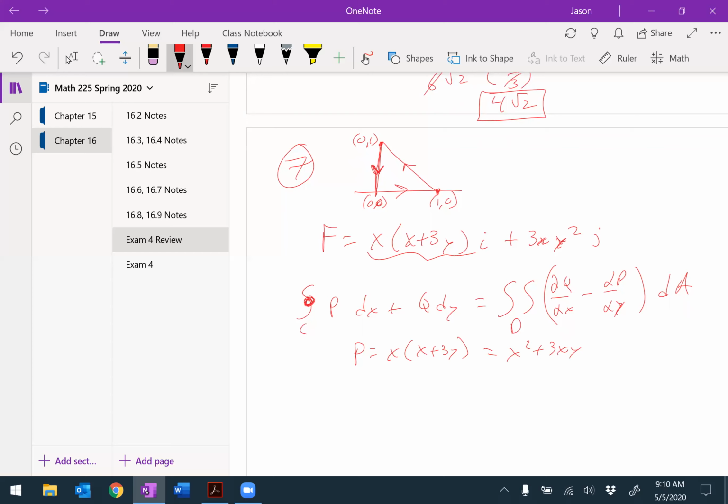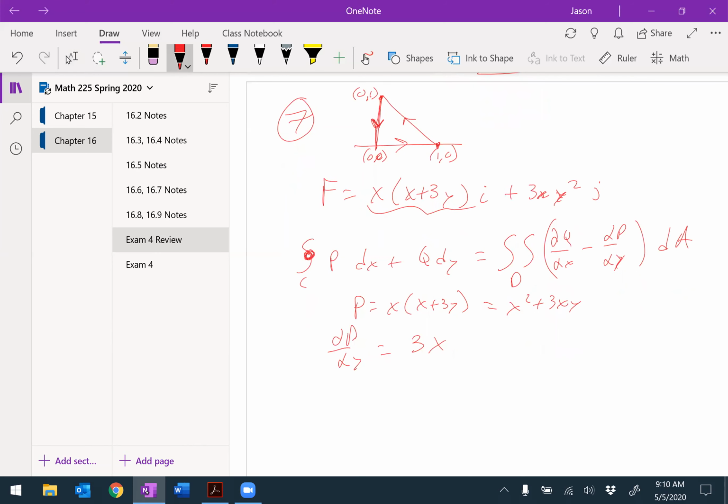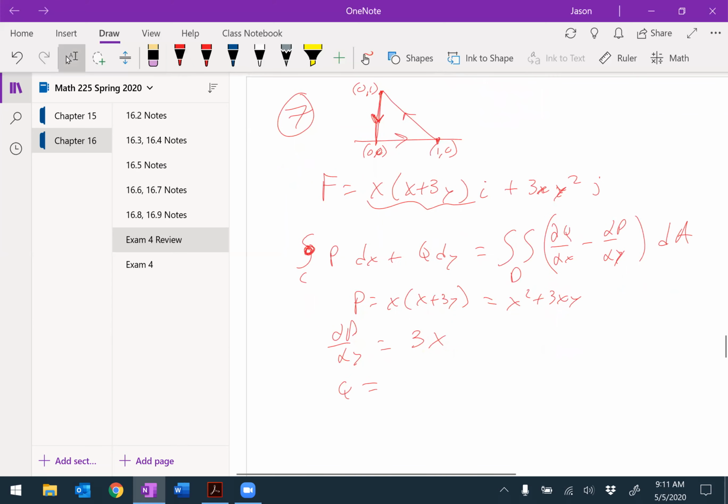And I'm going to take the derivative with respect to y, right? I want dP/dy. So what's the derivative of this with respect to y? Well, that's just going to be 3x, because the x squared goes away. What about Q? Q is going to be that second term, 3xy squared, and we want this one with respect to x, right?